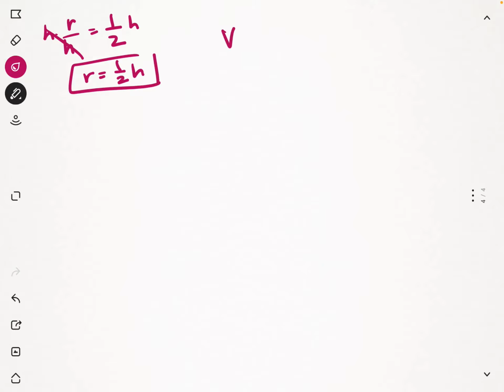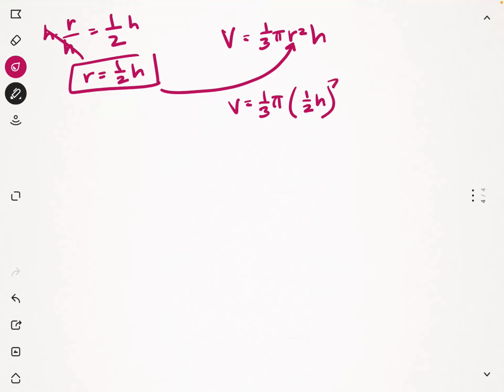We have our original function here, 1/3 pi r squared h. And we're going to substitute this r into r squared. So V is equal to 1/3 pi, then we're going to do (1/2 h) squared, that's this part, times h.